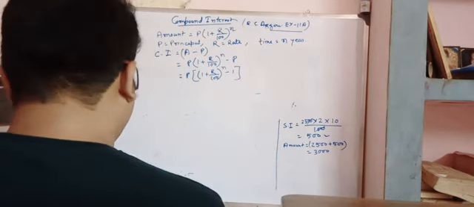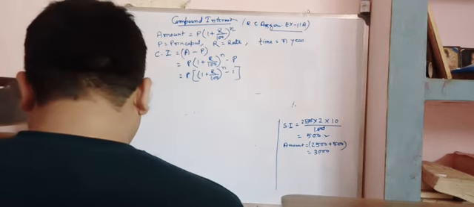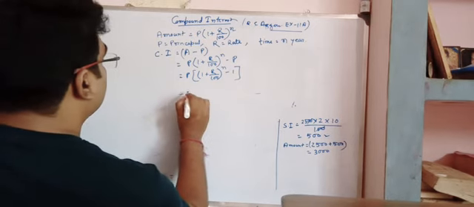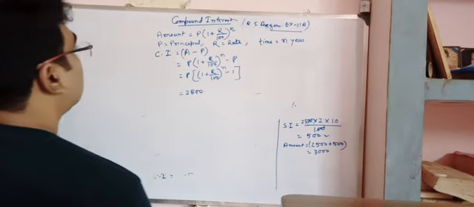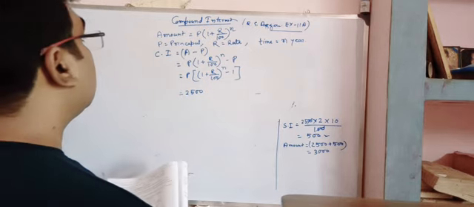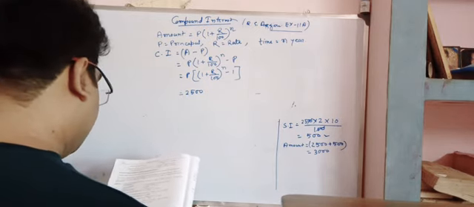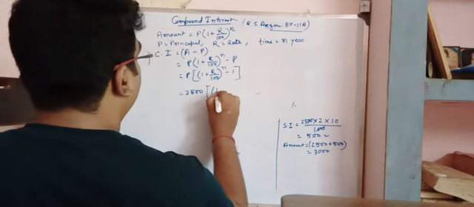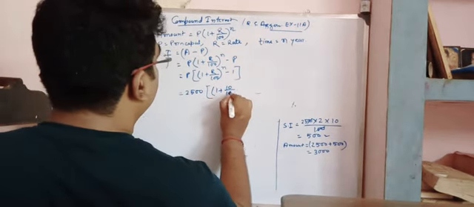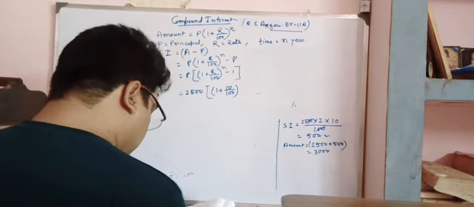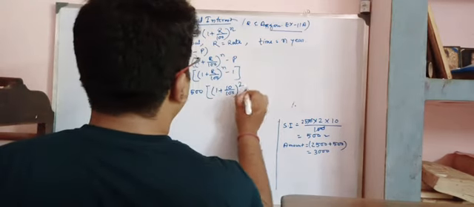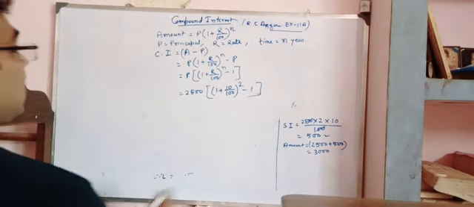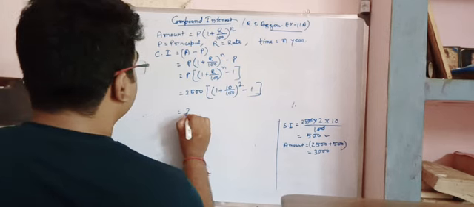Now here P is equal to 2500, okay, and rate is 10%, n is equal to 2 years. So 2500 into 1 plus 10 by 100 whole to the power 2 minus 1. So by calculating that, we are getting the compound interest. Let's look.